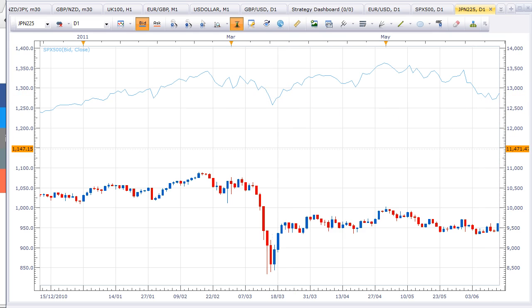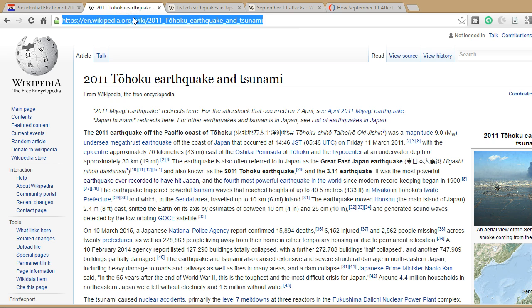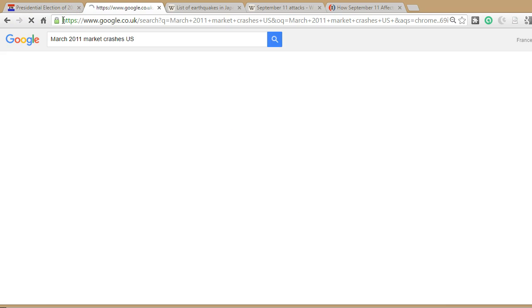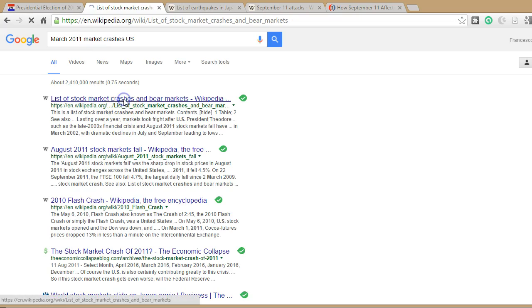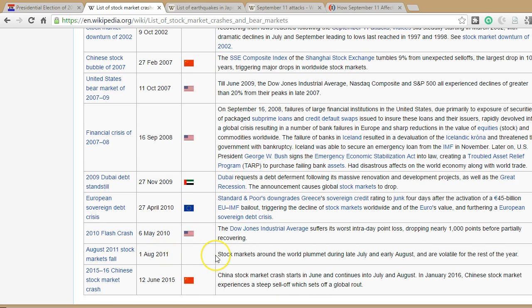So then you can go into finding out, for example, 2011 was the... okay, so if I put in March 2011, market crashes in the United States, and it goes quite a way back, but okay, the closest is the August 2011, and I think the flash crash, yes, it's May 2010.